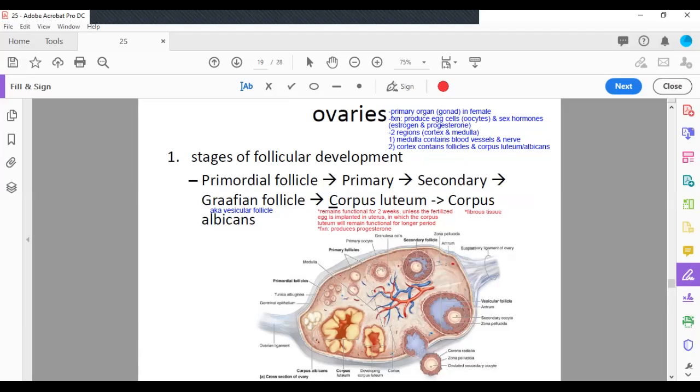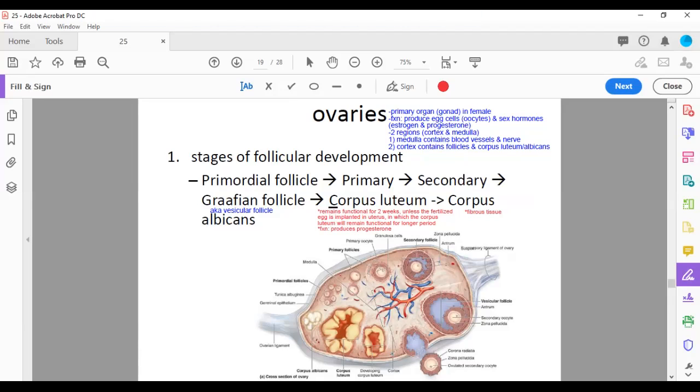If there's no pregnancy, the corpus luteum will become corpus albicans, which is fibrous tissue.